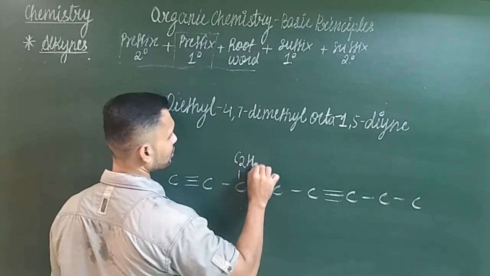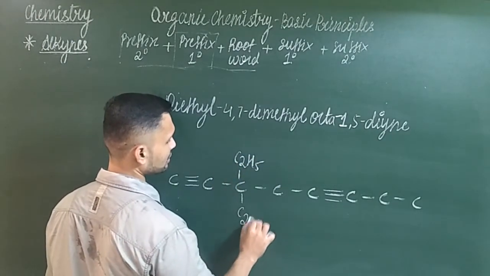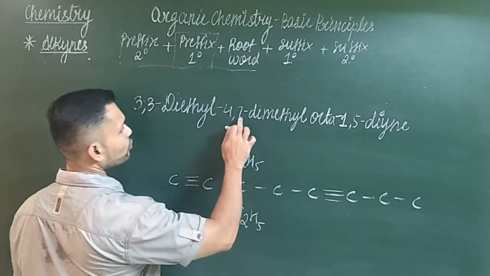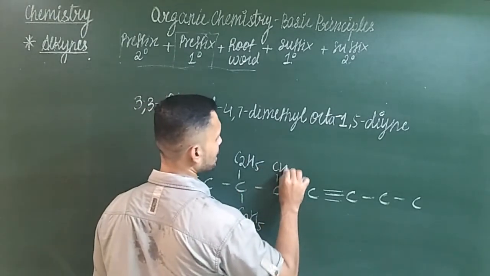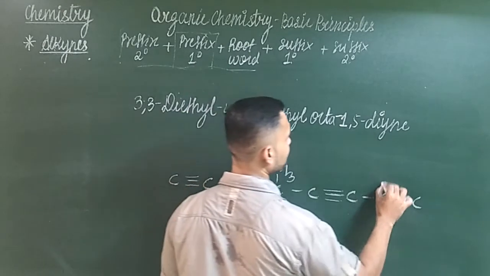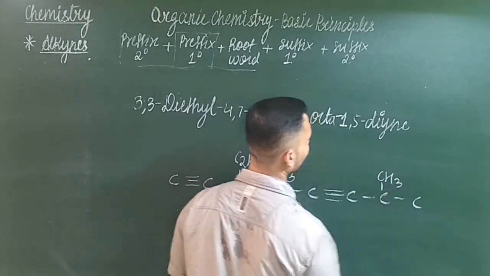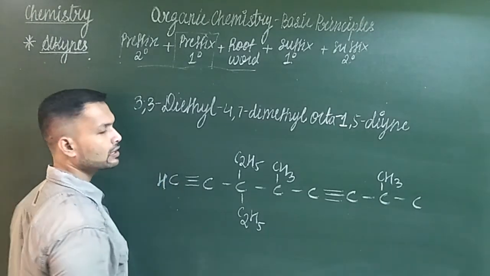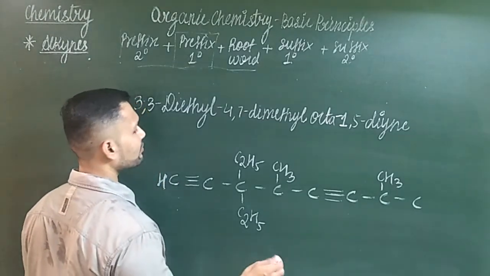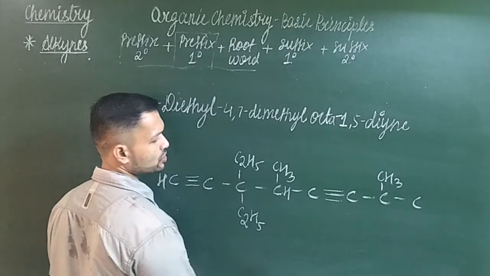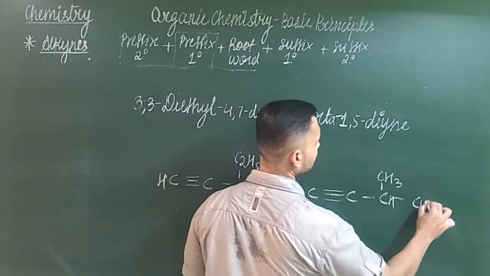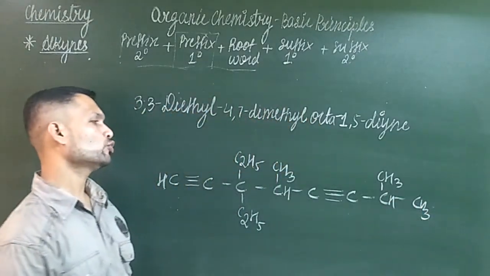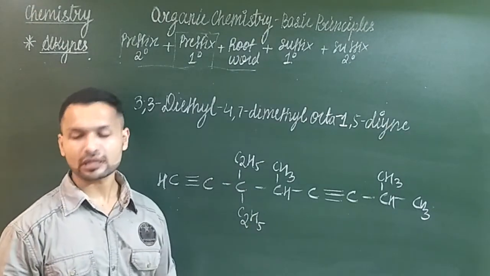Here there is an ethyl group, and here also there is an ethyl group. 4, 7: the 4th carbon has a methyl and the 7th carbon has a methyl. And the rest is numbered. Now you just have to fulfill the tetravalencies. The remaining valencies should be filled by hydrogen. So this should be the IUPAC structure of the following compound.